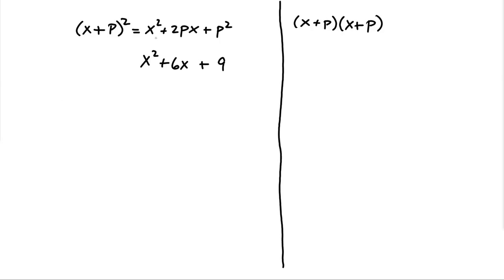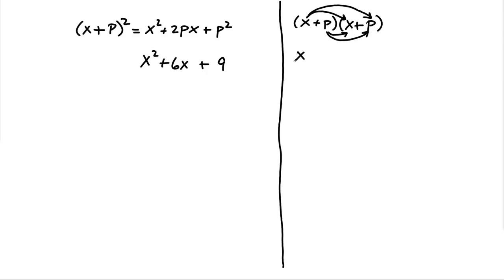The idea here is you want to be able to recognize a perfect square quadratic, which is this. And again, for those of you who don't know how I get from step 1 to step 2, you just do it by multiplying. I'm going to do this FOIL multiplication and multiply this out.